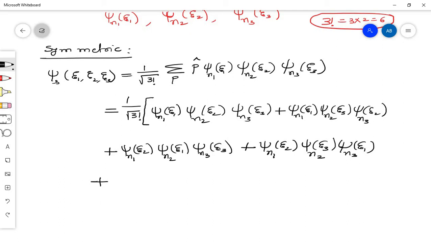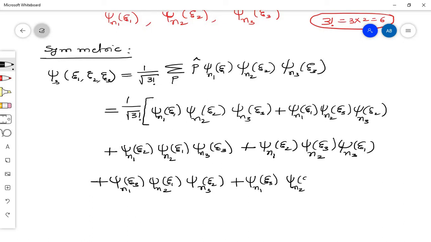Next two more also I'll write, then I'll explain. Psi n1 e3, psi n2 e1, psi n3 e2, plus psi n1 e3, psi n2 e2, psi n3 e1.